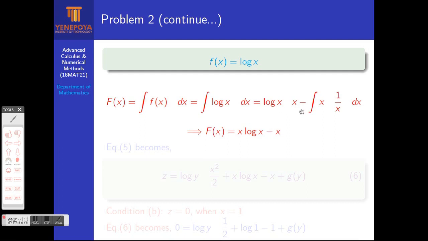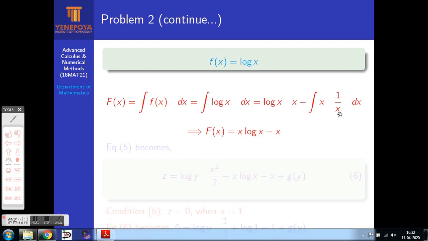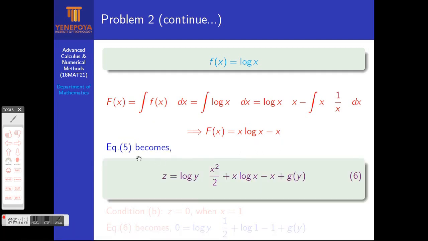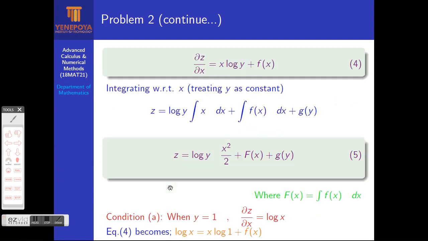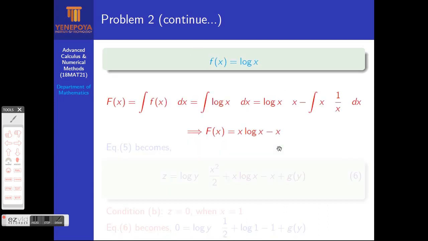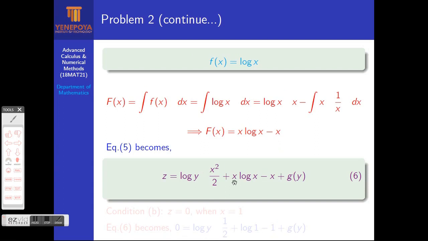So capital F of x becomes x log x minus, x gets cancelled in the integral sign, integration of 1 dx is x. Substitute this in equation number 5, that is z is equal to log y times x square by 2 plus capital F of x plus g of y. Substitute capital F of x there, z equal to log y into x square by 2 plus x log x minus x plus g of y as 6th equation.